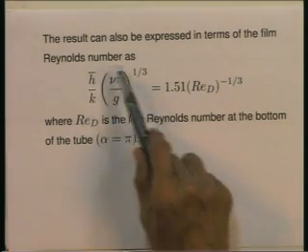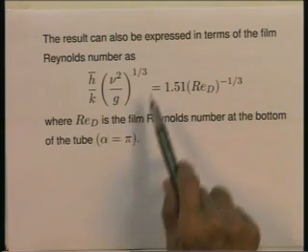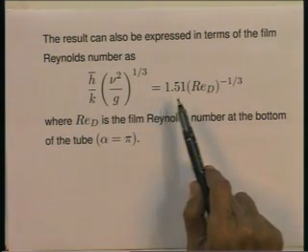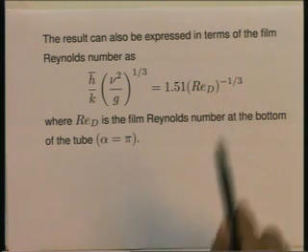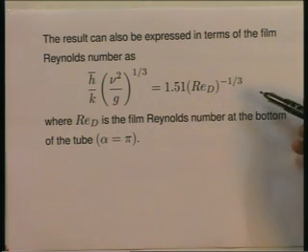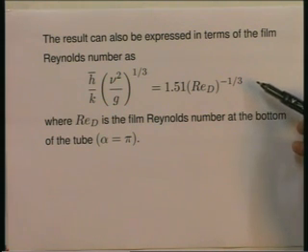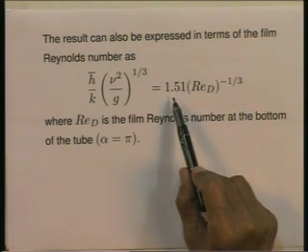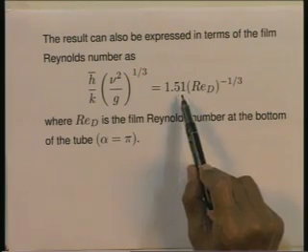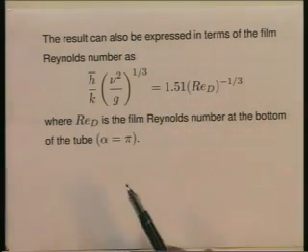The left hand side is the same as what we had for a vertical plate, is equal to 1.51 Re_d to the minus 1/3. Now, I would like you to derive this on your own. It should be possible, just as I asked you to derive the similar expression for a vertical plate on your own. All right. The constant, notice, again is different. Earlier it was something else, now it is 1.51.